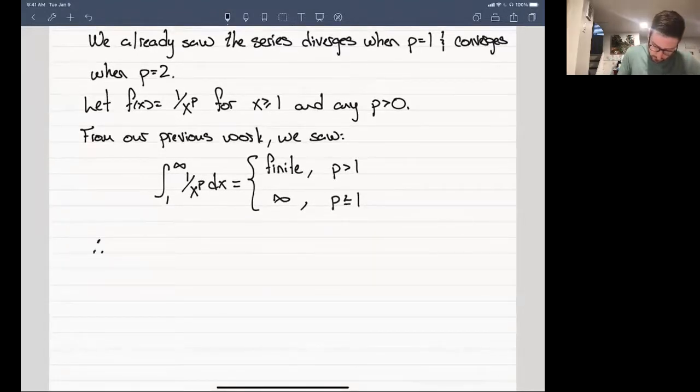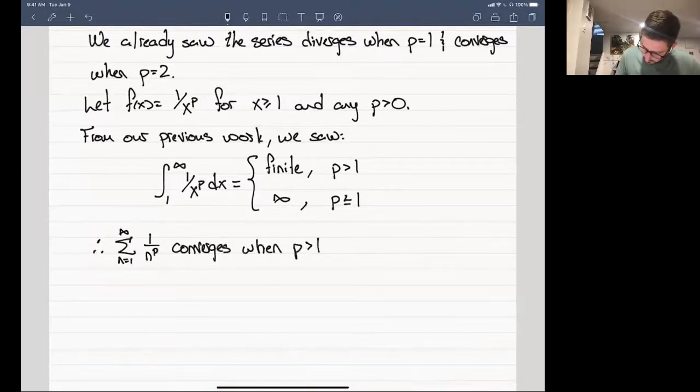So therefore, the series 1 over n to the p converges when p is greater than 1 and diverges when p is less than or equal to 1.